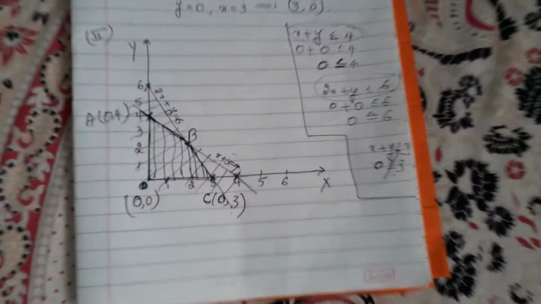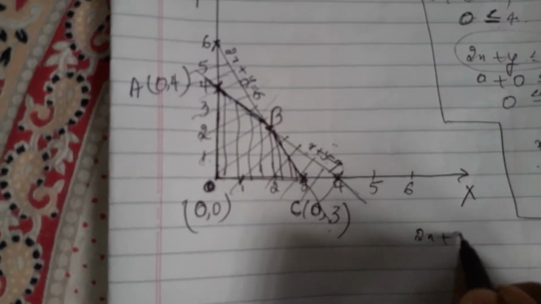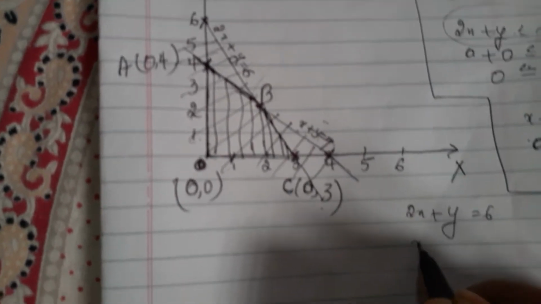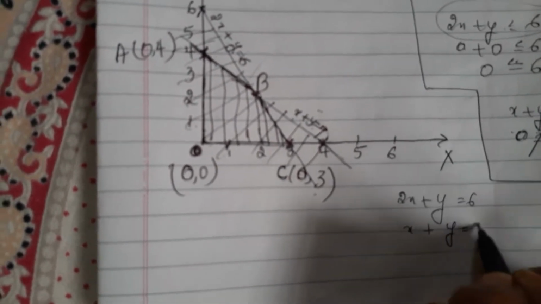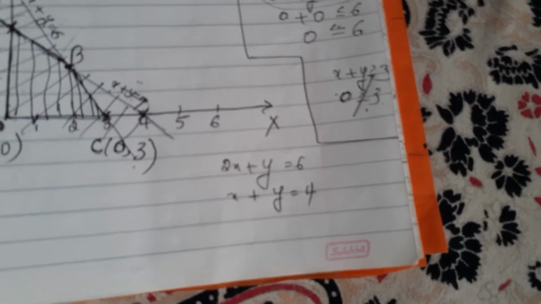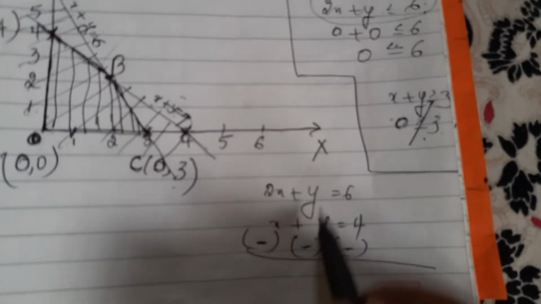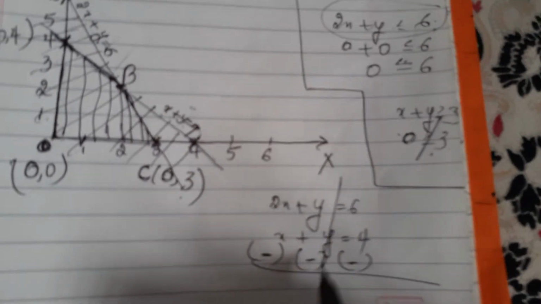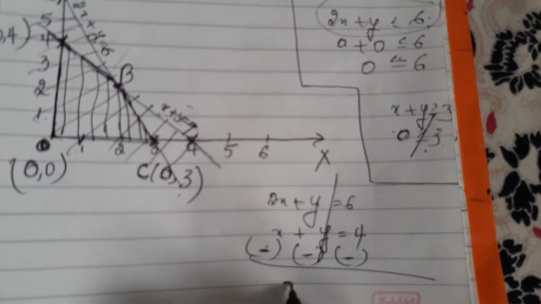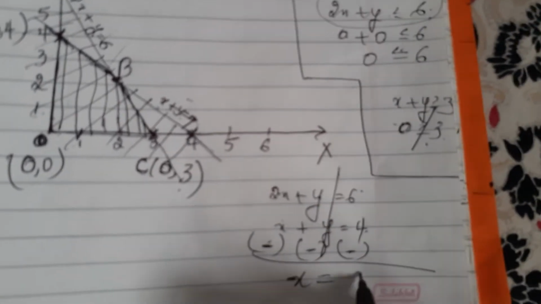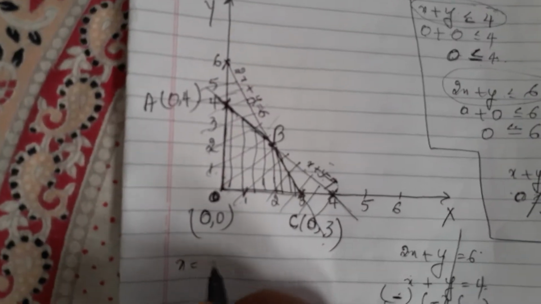Simultaneous equations, you know how to solve them, that is 2x plus y equals to 6 and x plus y equals to 4. You can solve it simultaneously when you subtract these two equations. Already you have learnt in SSLC. So plus y and minus y get cancelled. 2x minus x is x, and 6 minus 4 is 2. So here x equals to 2.